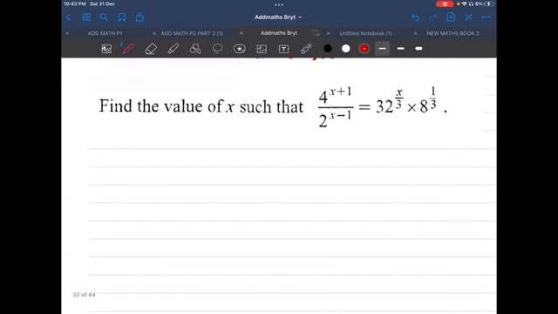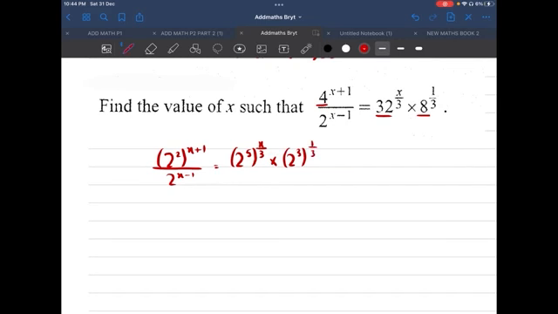Now this is the question I'm supposed to solve. If you notice, can you convert all these to the power of 2? Yes, I can. So let's write 2 power 2 makes 4. x plus 1. Divide by 2 x minus 1 is equal to 32, which I can write as 2 power 5x upon 3 multiplied by 8, which I can write as 2 cube 1 upon 3.